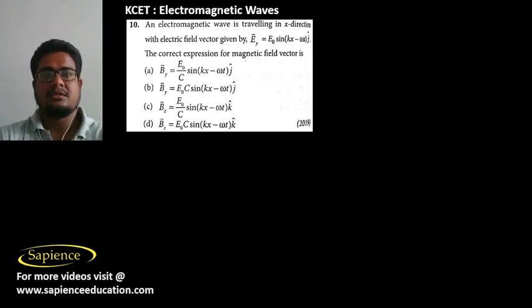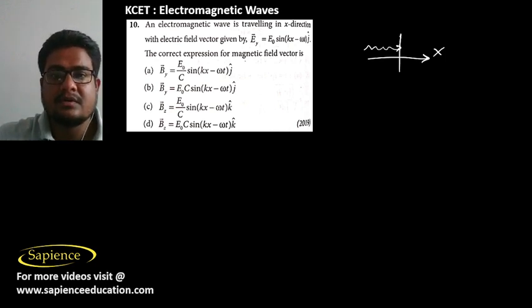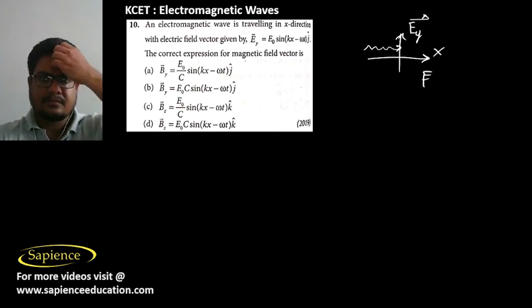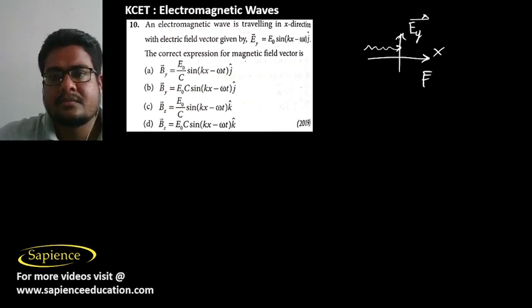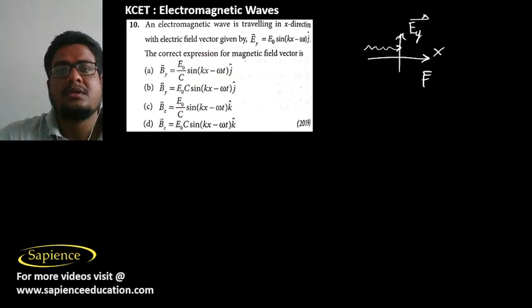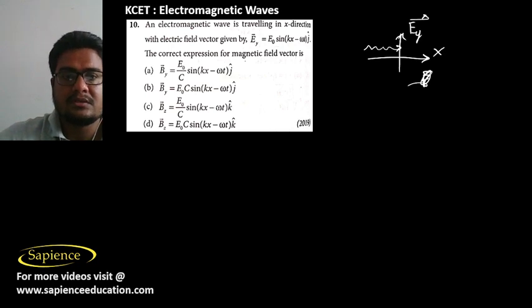Question number 10, it is told an electromagnetic wave is traveling along the X direction with electric field vector along the Y axis. So the electric field is oscillating along the Y axis.